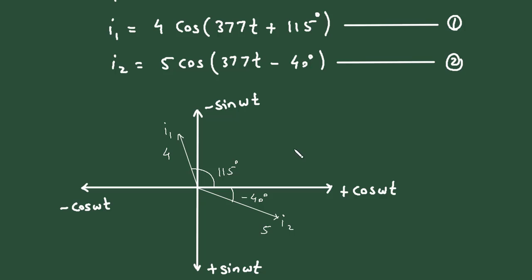Now here we can clearly see the direction of rotation of the phasor is counterclockwise. So here we can write direction of rotation is counterclockwise. Now here we can see this I1 is ahead of I2. So we can write I1 leads I2 by, now here we can see the difference between this I1 and I2.